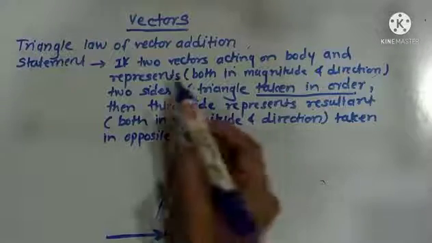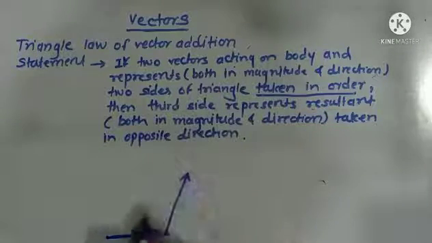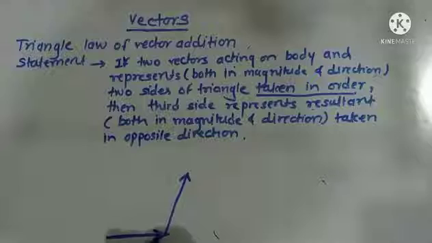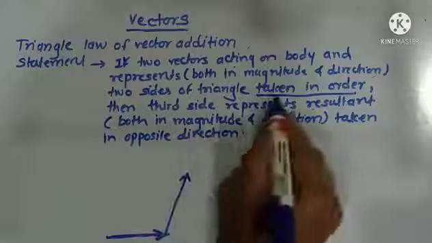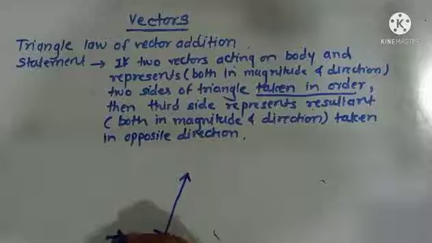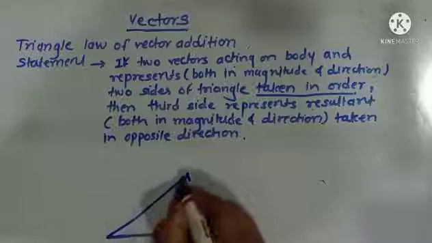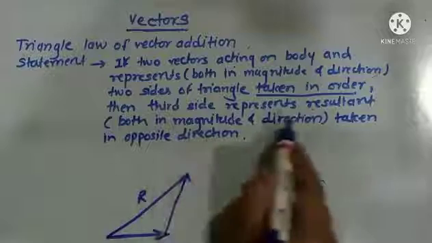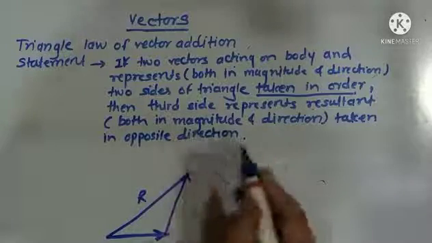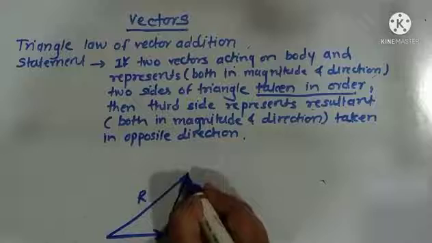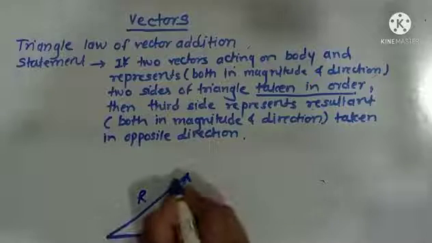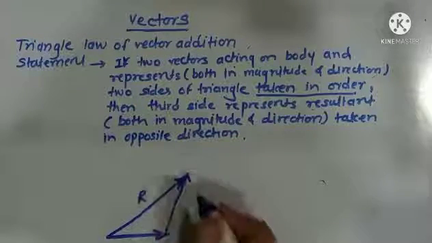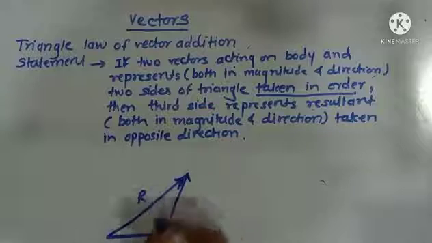So if the two vectors acting on a body represent two sides of the triangle taken in order, then the third side represents the resultant, both in magnitude and direction, taken in opposite direction. So in order will be like this. Now this will be like this. This is the opposite direction.